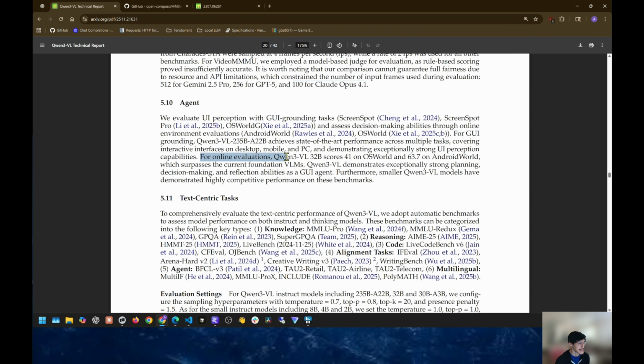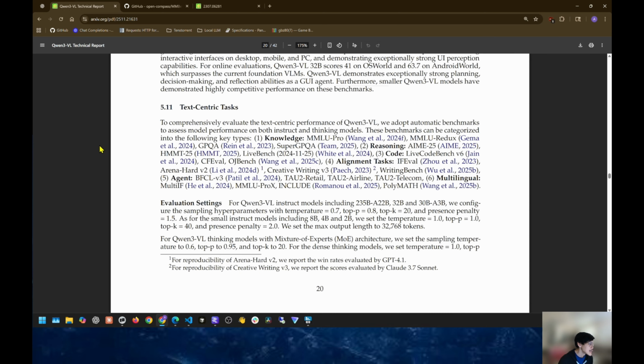For online evaluations, Qwen3-VL-32B scores 41 on OSWorld and 63.7 on AndroidWorld, which surpasses the current foundation VLMs. Qwen3-VL demonstrates exceptionally strong planning, decision-making, and reflection abilities as a GUI agent. Furthermore, smaller Qwen3-VL models have demonstrated highly competitive performance on these benchmarks.